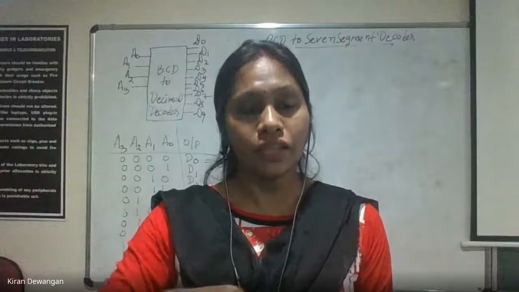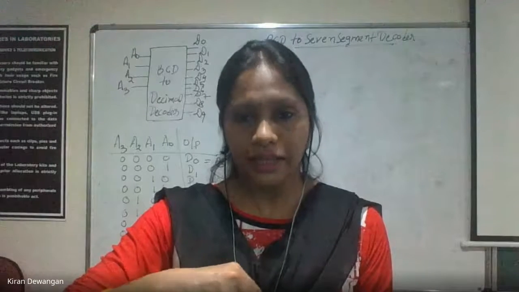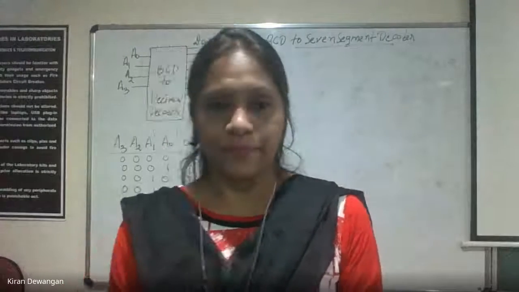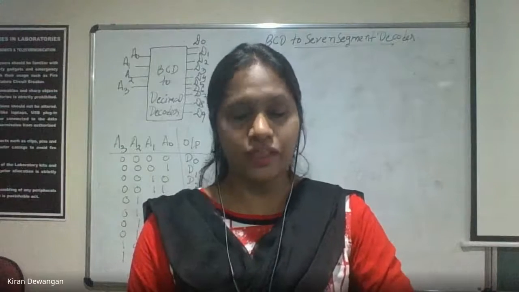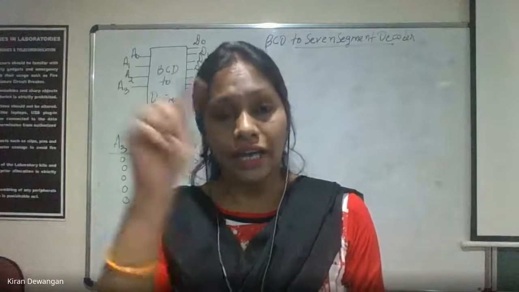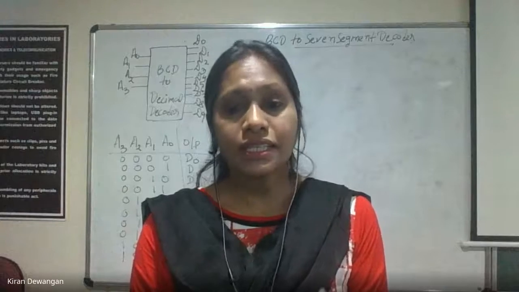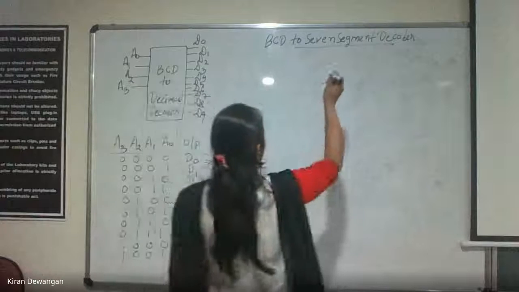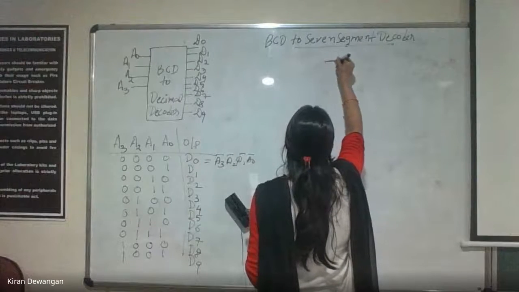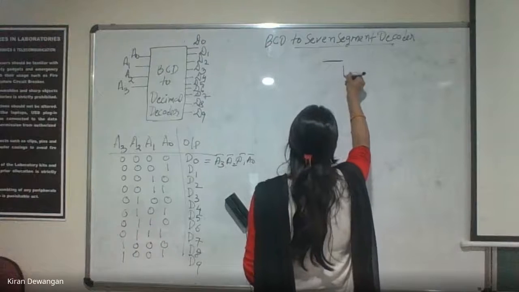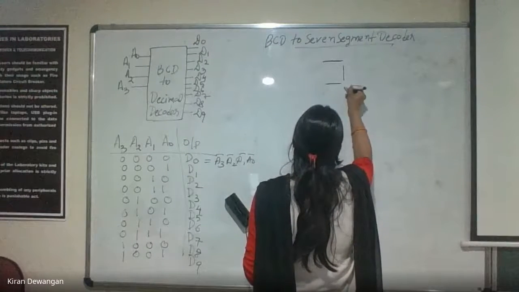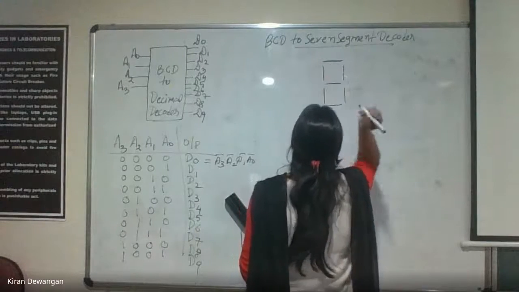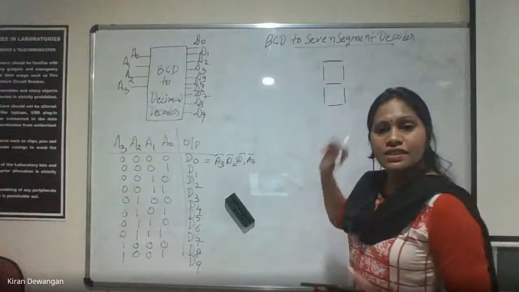So depending on the combinations of the inputs, those LEDs in the 7-segment display go high, and we can see the combinations at the output. It looks like this. Here we have the first display, second, third, fourth, fifth, sixth, and seventh. This is our 7-segment display.